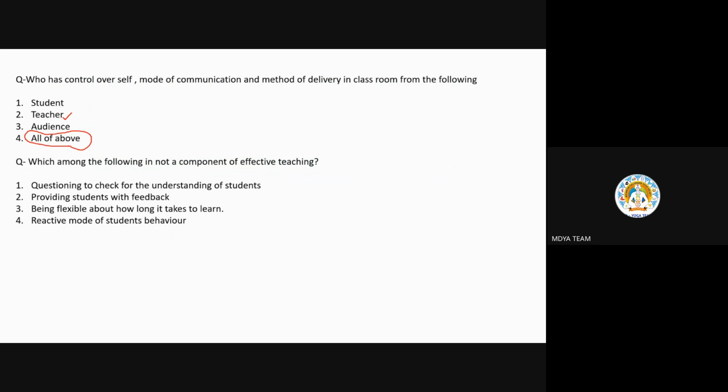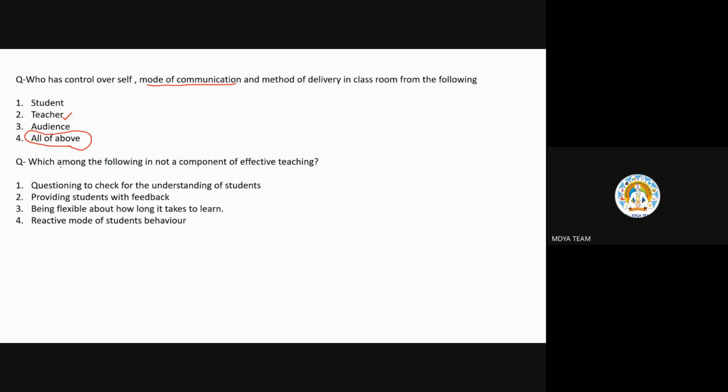It is a tendency that if we see all of the above, we just go with it, thinking that if they are writing it, this option should be correct. But don't fall into the trap; this is just a trap. The mode of communication, which type of communication is used in a classroom, the teacher has exclusive control over that. So the correct option is second.